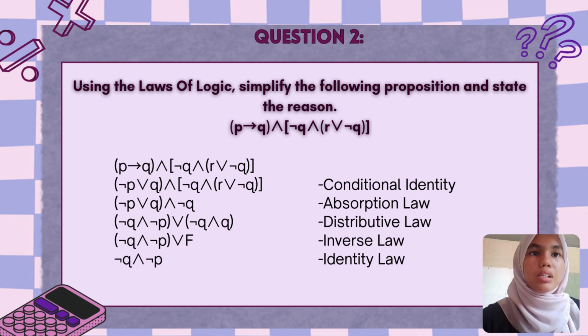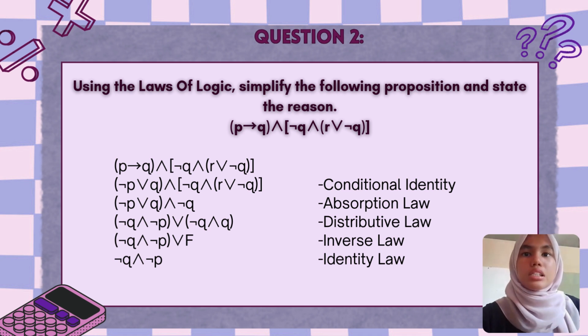Since the connectives are contrary, that is, ¬P or Q and ¬Q, we can expand it using distributive law. Then it will become (¬Q and ¬P) or (¬Q and Q).